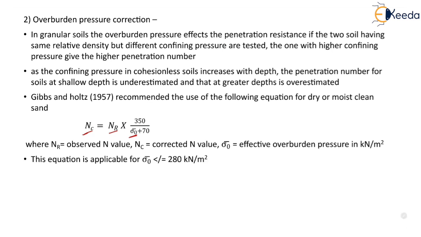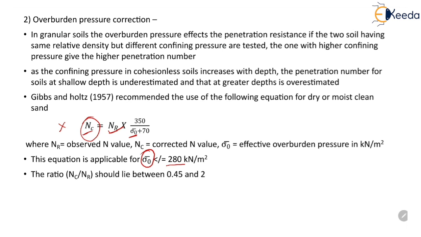This equation is applicable only when the effective overburden pressure sigma naught bar is less than or equal to 280 kilonewton per meter square. If it is greater than 280, then this equation will not be applicable. Here we have obtained the corrected value using the recorded value.